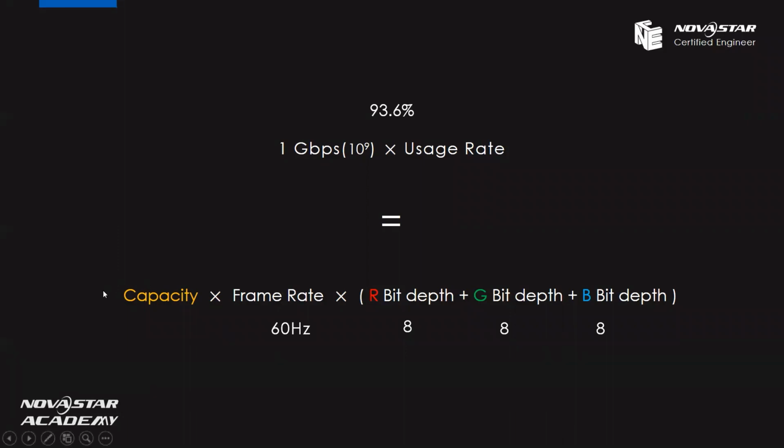So it is equal to the capacity multiplied by the frame rate and multiplied by the color depth of RGB. The common input color depth is 8-bit, and the frame rate we test at is 60 Hertz.